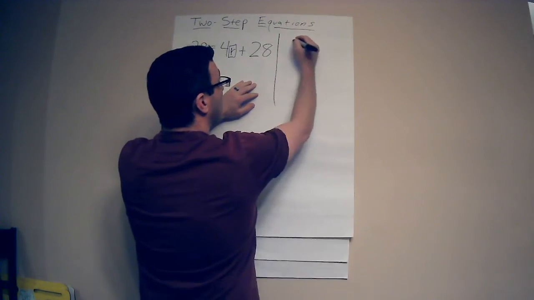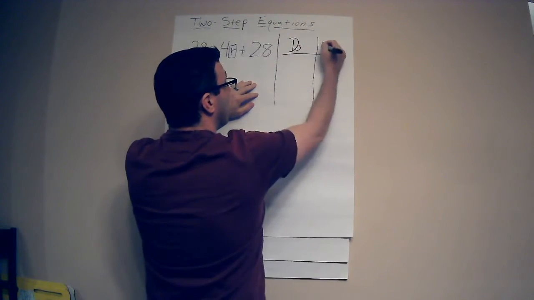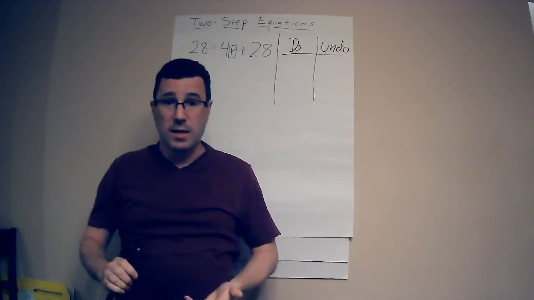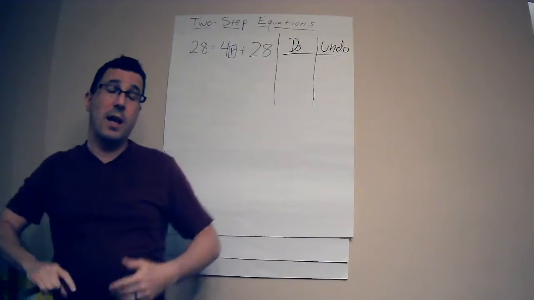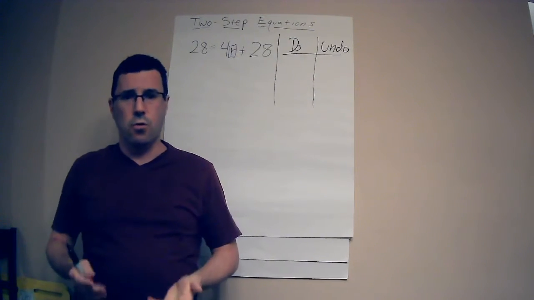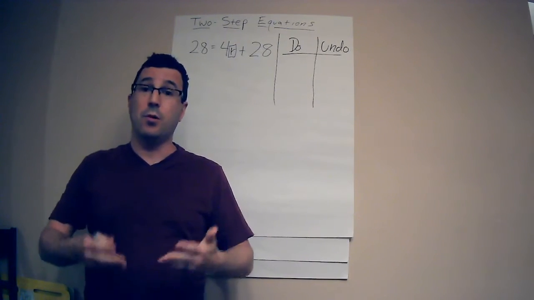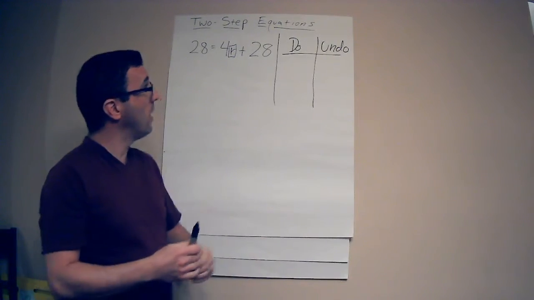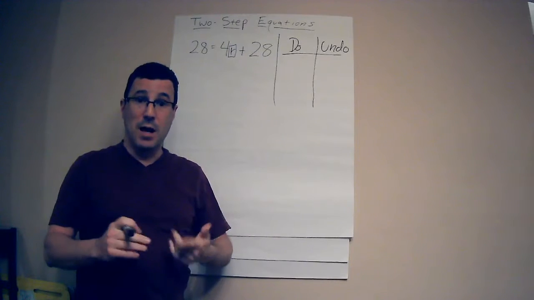I'm going to go do, undo. On the do side, I'm going to say, according to order of operations, what is being done to the variable first, second, third, and so on. My order of operations, remember, is PEMDAS.